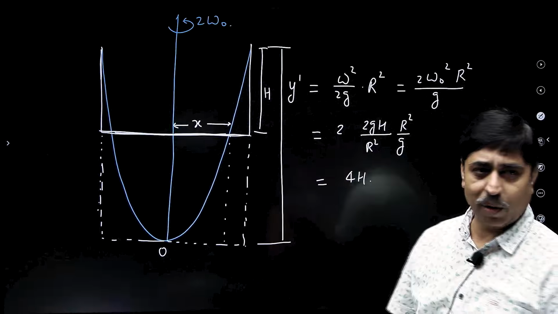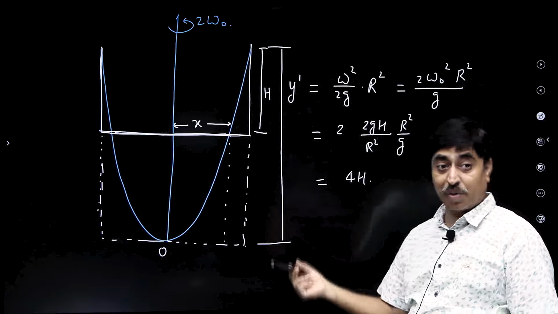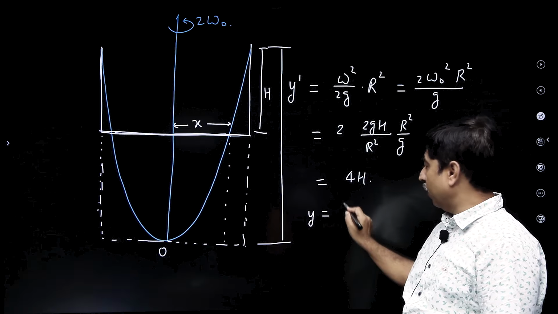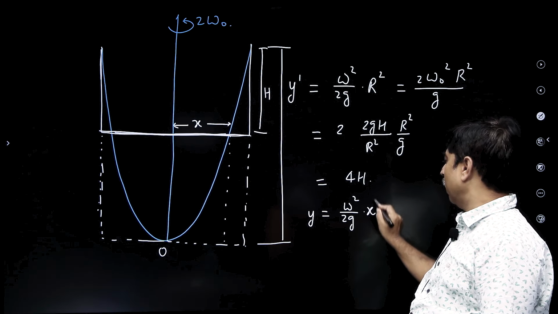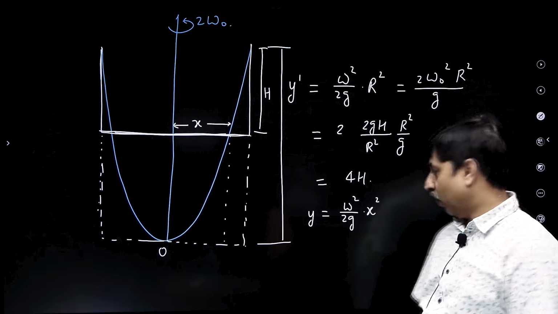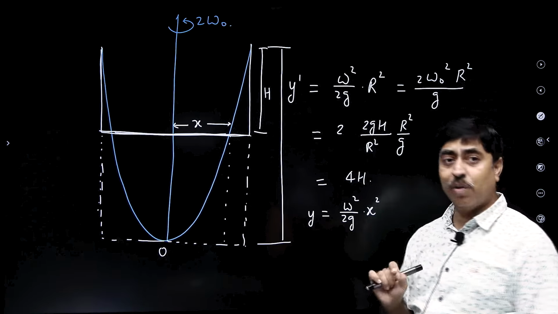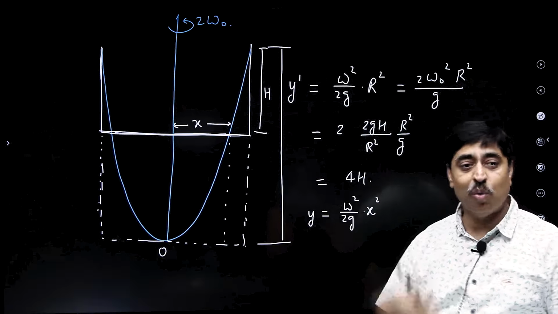I hope you are getting my point. So the equation of the curve in terms of x is omega square by 2g into x square. So what I have done here is, I am asking the value of x when y is 3h and omega is equal to 2 omega naught.